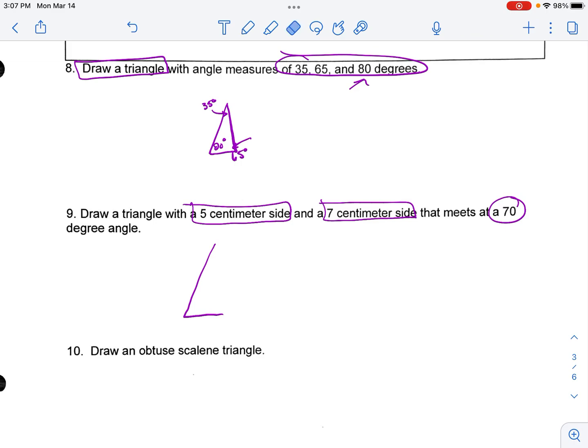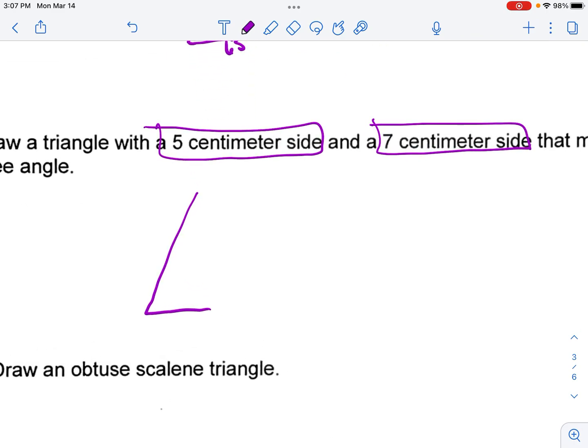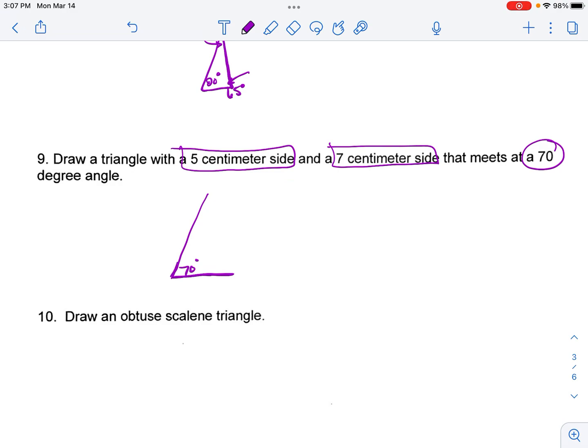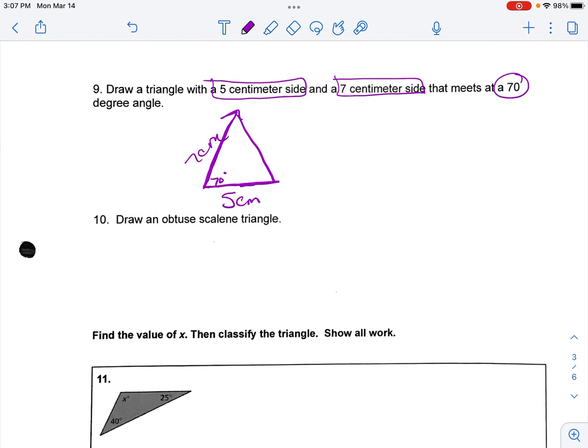So hopefully you used your protractor to find a 70 degree angle first, and then you'll want to extend one line, make sure it is 7 centimeters, and then the other one should be 5 centimeters, and then you can connect the other line. And make sure you label all these as well.